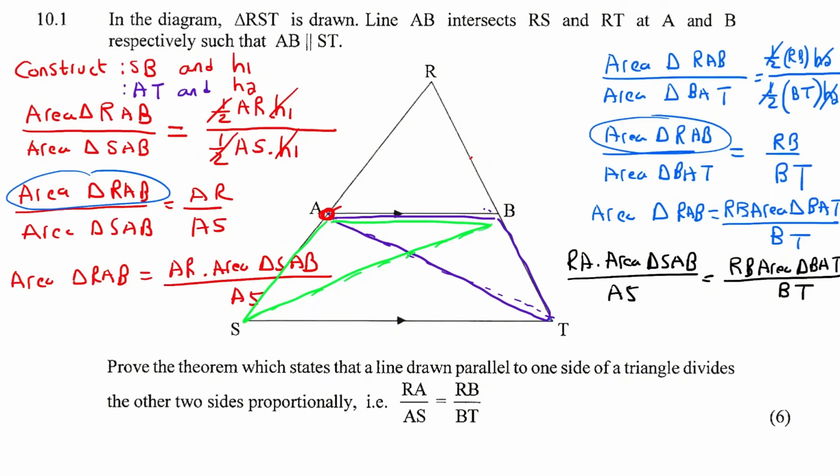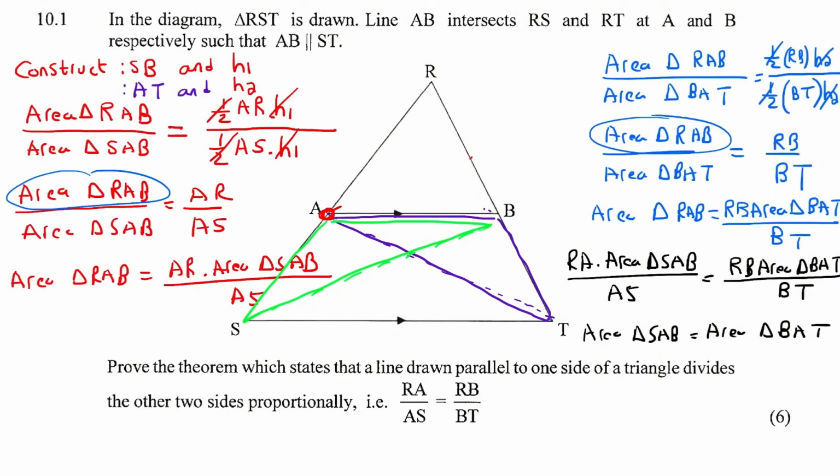Because those two triangles have the same base length, AB, and the same perpendicular height, then their areas must be the same, because area is a half base times height. So we need to say that the area of triangle SAB is the same as the area of triangle BAT. And we must give a reason.